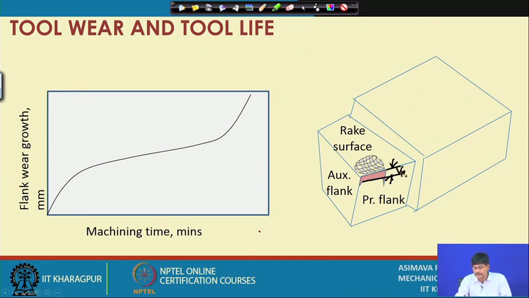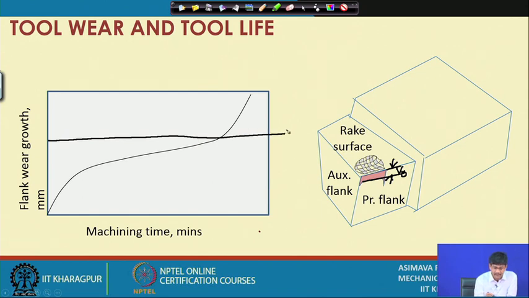So, if we find that this value has reached a particular limit, we generally avoid using that tool and send it either for resharpening or we use another insert or another edge of the insert if it is of throwaway type. So, this value is generally restricted to 0.3 millimeters. Just imagine how small a value it is, but the cutting tool itself is very small, 0.3 millimeters.